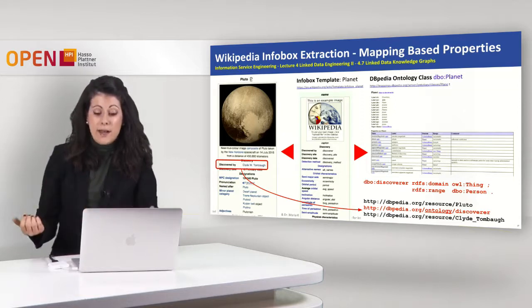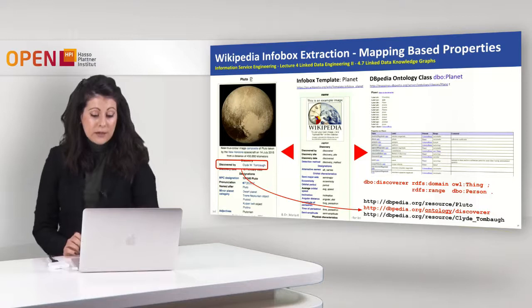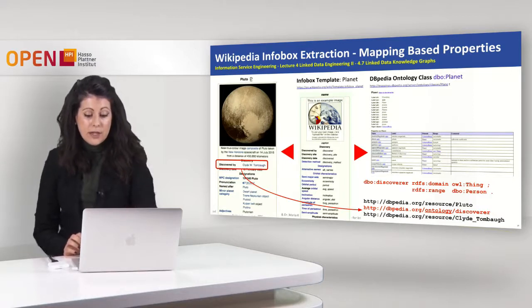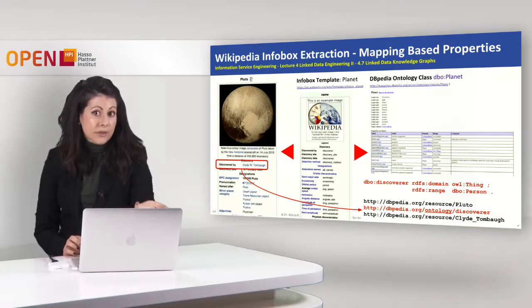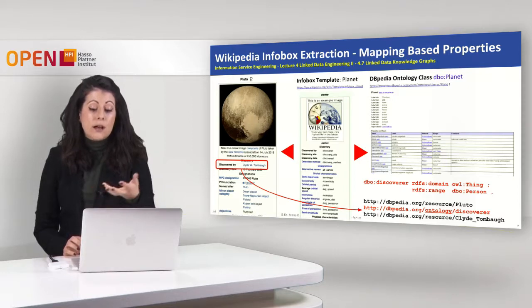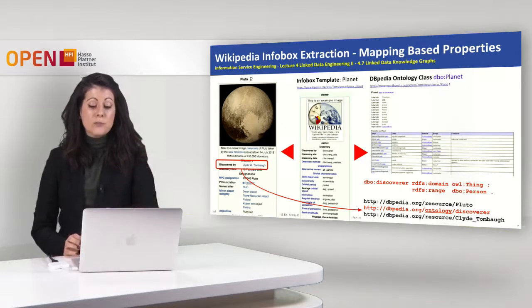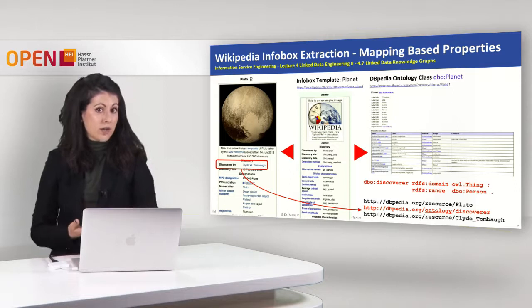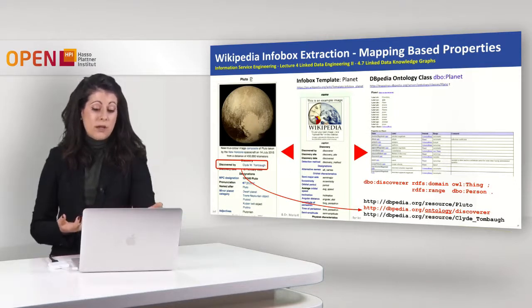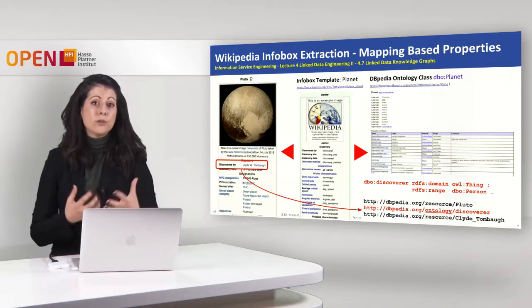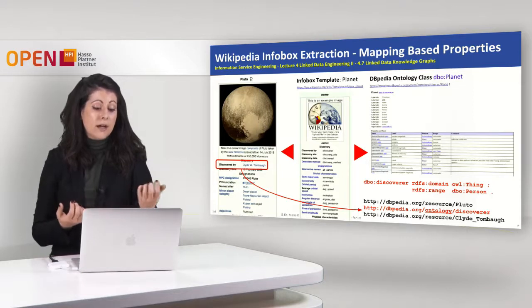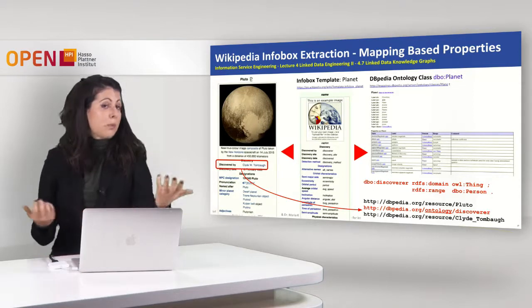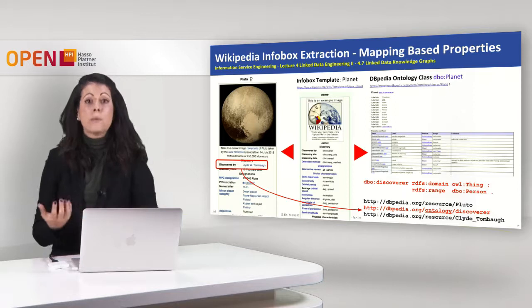so that it can be used to model also a more general entity. For example, here the property discoverer, if you see, has as a domain the whole thing and as range DBO person. So it holds between a thing and a person, which is rather general. So this property discoverer won't link only astronomers to planets, but something to a person.